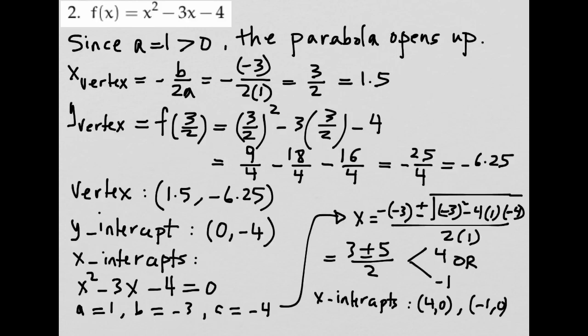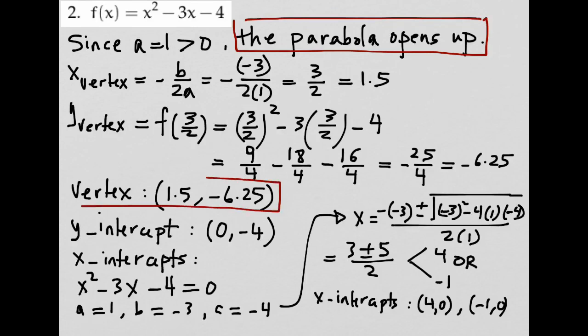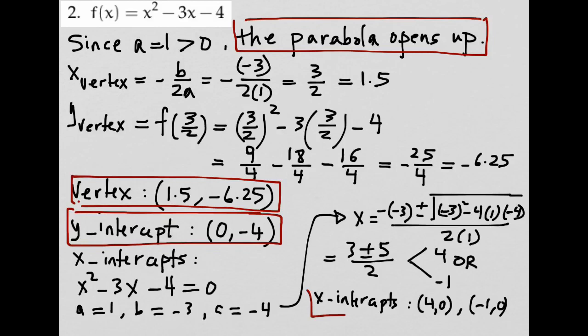So to recap, the parabola opens up, the vertex is at the point (1.5, -6.25), the y-intercept is at the point (0, -4), and the x-intercepts are the points (4, 0) and (-1, 0).